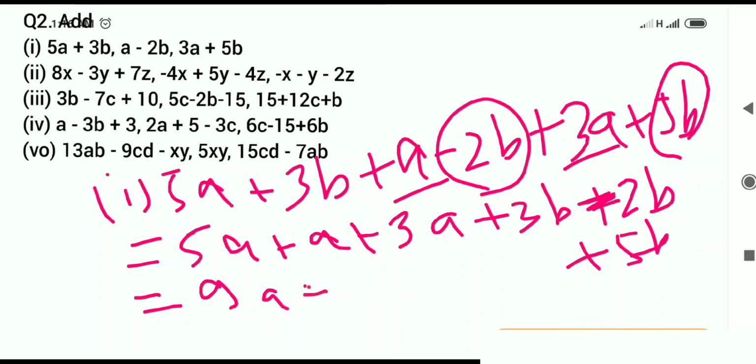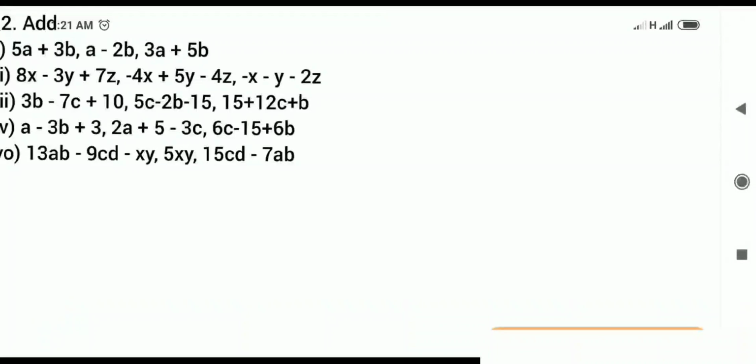This is plus and minus: add both, plus 5 plus 3 equal to 8, and subtract 2, therefore this will be 6b, which is plus 6b.